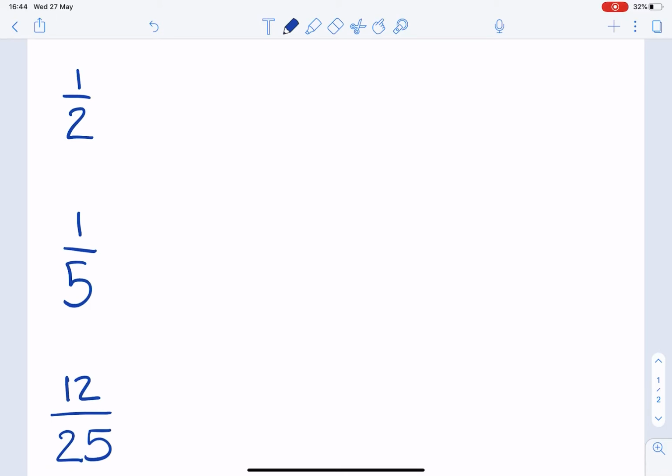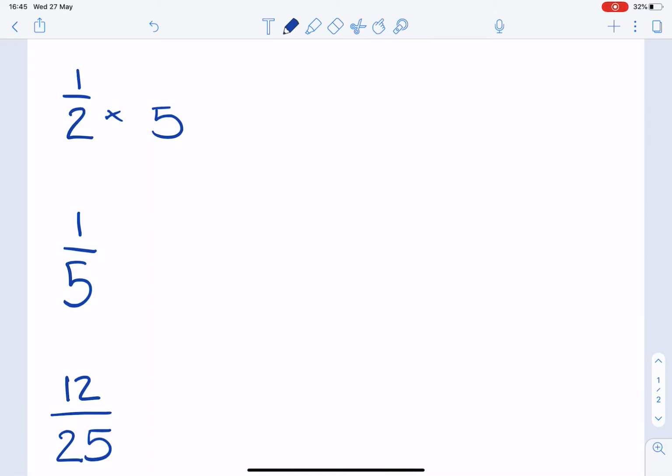Well, do you agree that if you multiply something by 1, it doesn't change? 5 times 1 is 5. 10 times 1 is 10. A half times 1 is a half. So what are we going to multiply the 2 by to make 10? We are going to multiply it by 5.